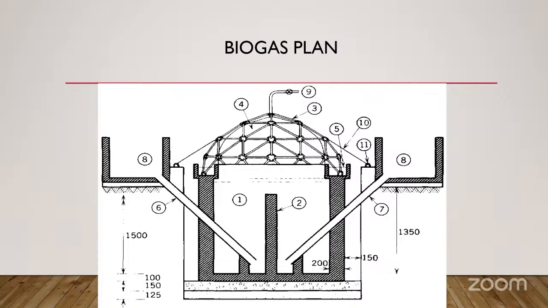So the main parts of biogas, we have the inlet at left, the outlet at right for digester collection. We have the fermentation chamber, and we have at right the gas storage chamber, and the whole system is covered and sealed to avoid oxygen coming in.